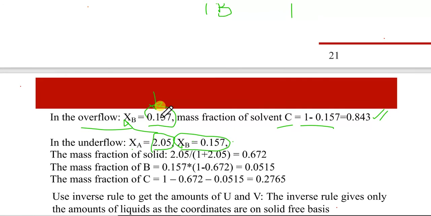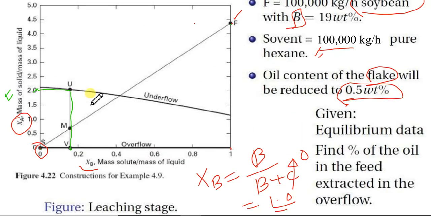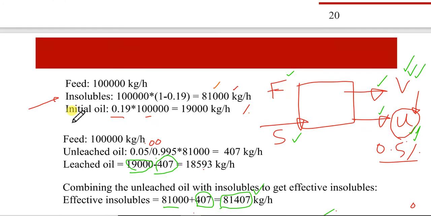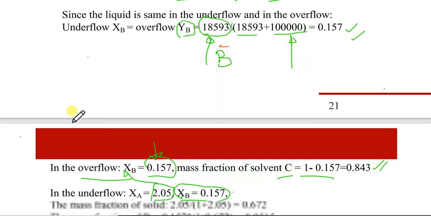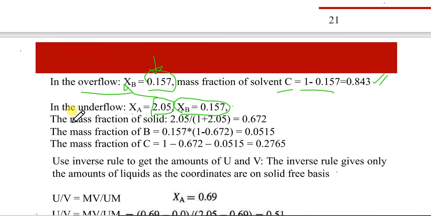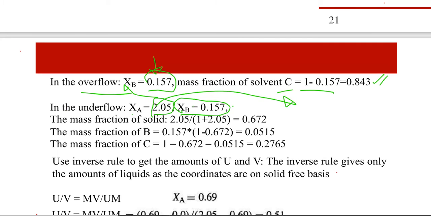Now XA, you can see this is the ratio, the mass of solid to liquid. So how to change this? This is the ratio, 2.05 is to 1, isn't it?